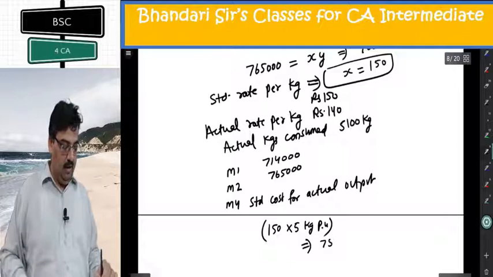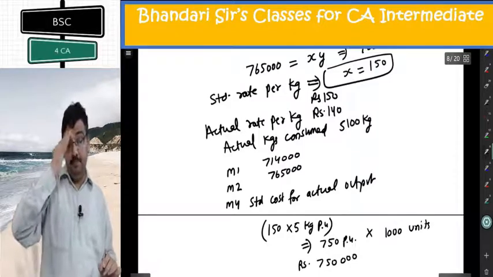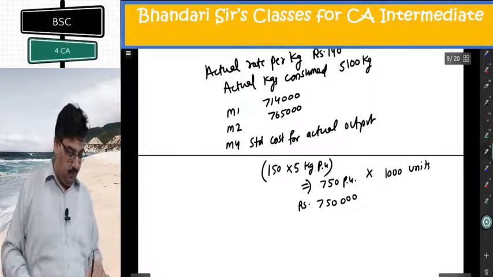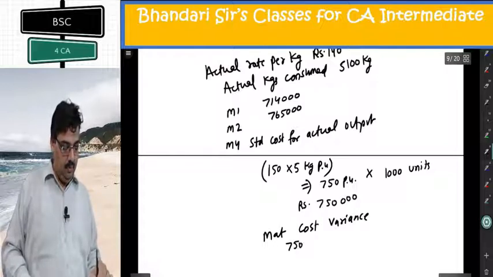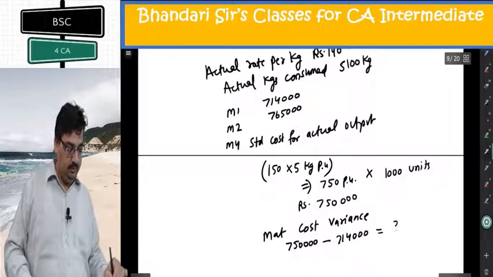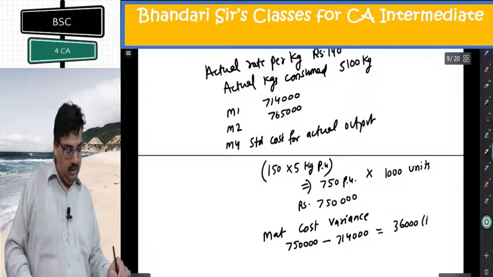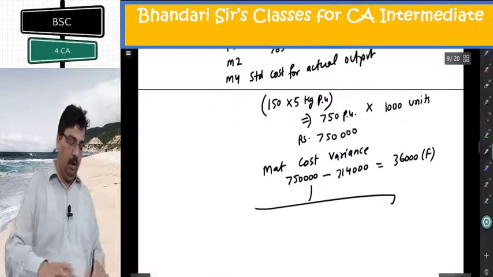This implies 750 per unit multiplied by actual output 1000 units. 7,50,000 rupees is M4. Material cost variance, 7,50,000 minus 7,14,000, 36,000 favorable. Only middle level required, bottom level you can't compute.